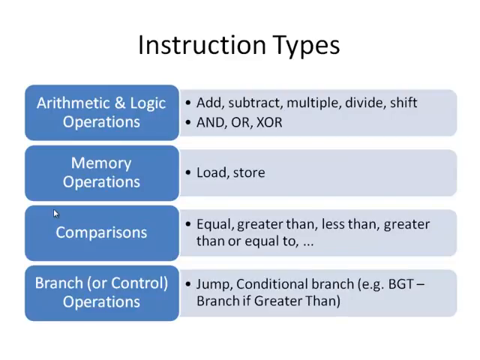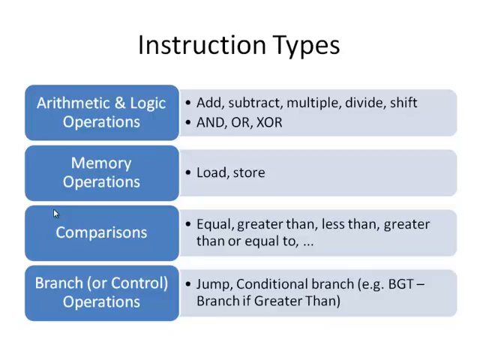There are a range of different instruction types that a processor may try to carry out. Arithmetic and logic operations, including adding, subtracting, multiplying, dividing, ANDs or XORs. We might load values into the CPU from memory or store them back into memory from the CPU. And we can compare values, so is the value in register 0 equal to or greater than the value stored in register 1, for example.